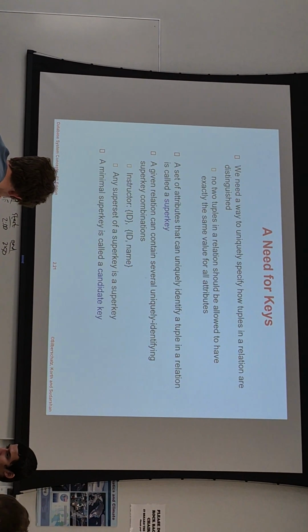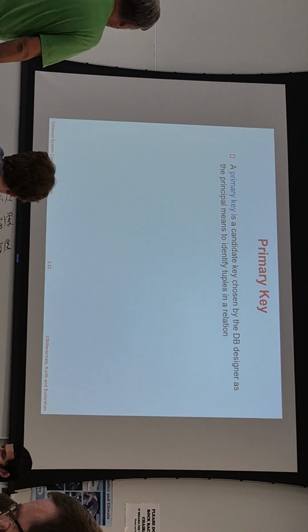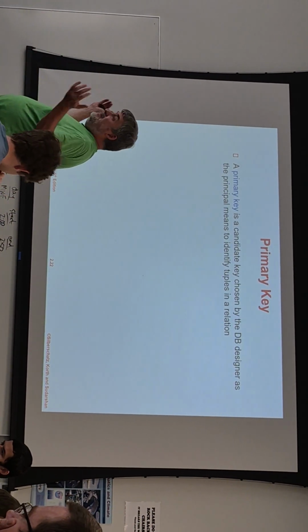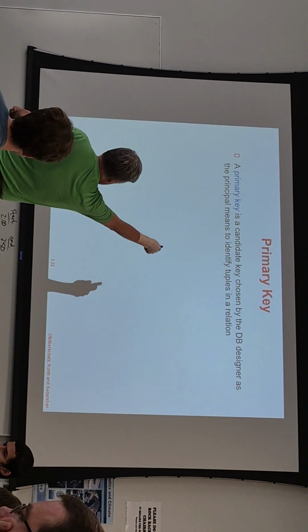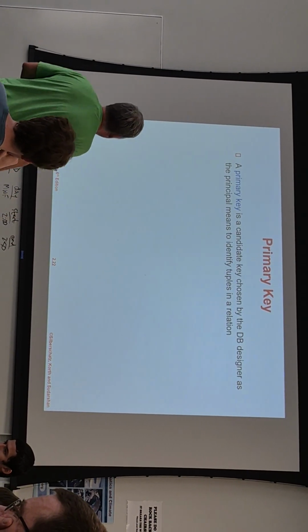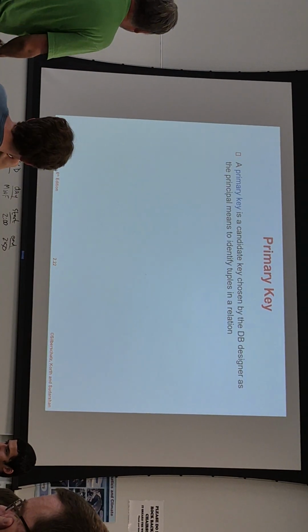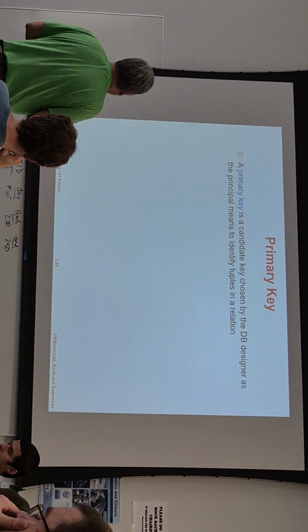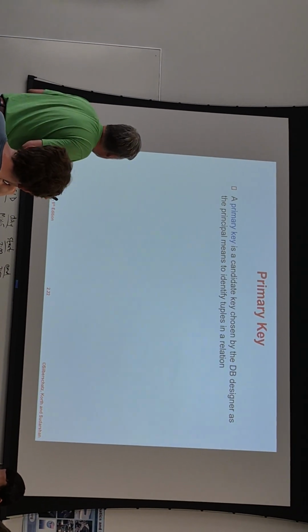A primary key is a candidate key chosen by the person trying to define the primary key, the database designer or programmer, as telling Access this is what you should use to order the data and uniquely identify the rows in this table.